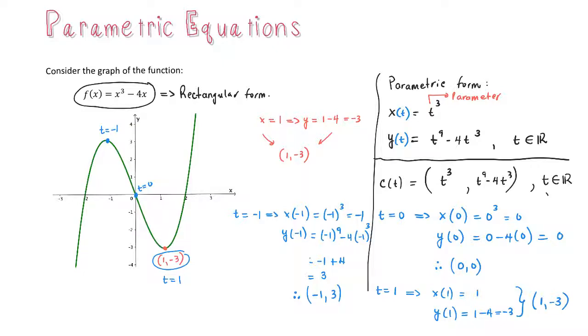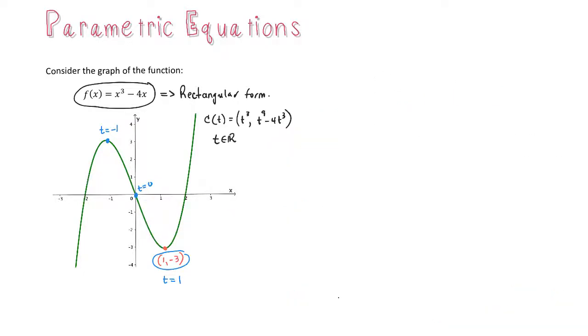There are two reasons why this is a tremendous improvement over just a rectangular form representation. Number one, the curve doesn't have to be the graph of a function in order to be able to express it parametrically.